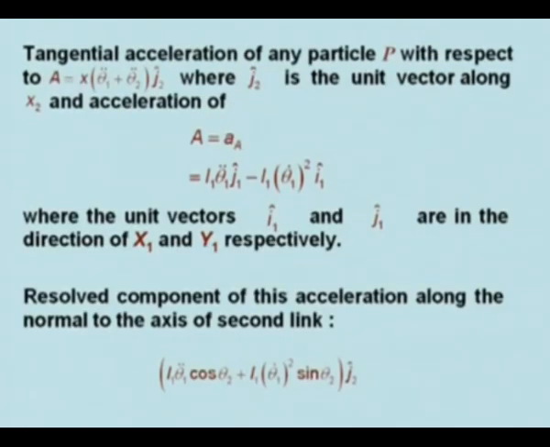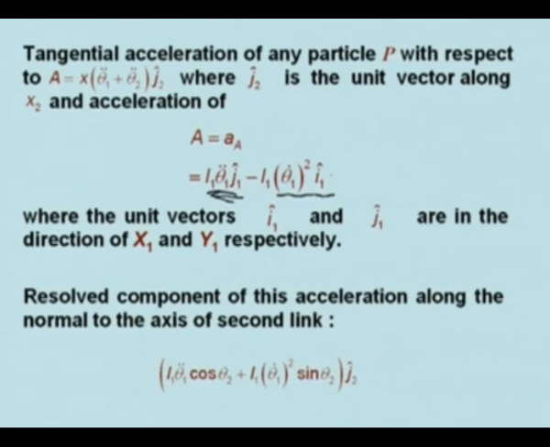Here now, the tangential acceleration of any particle P with respect to A is x(theta 1 double dot plus theta 2 double dot) j2, where j2 is the unit vector along y2, and the acceleration of A is basically given, that is AA, that is L1 theta 1 double dot j1, that is the tangential acceleration, minus L1 theta 1 dot whole square i1, that is the centripetal acceleration, where the unit vectors i1 and j1 are in the direction of x1 and y1 respectively.